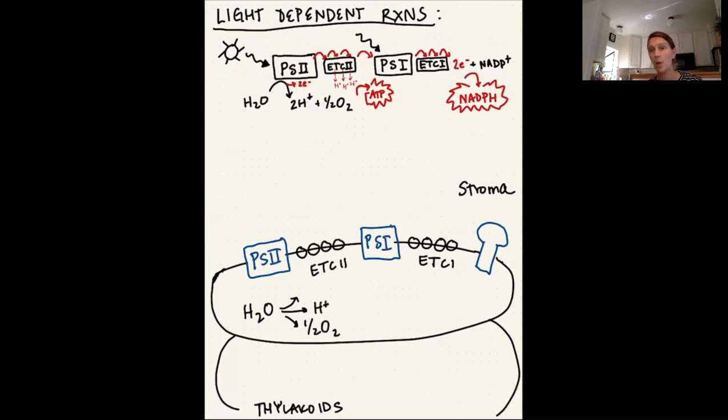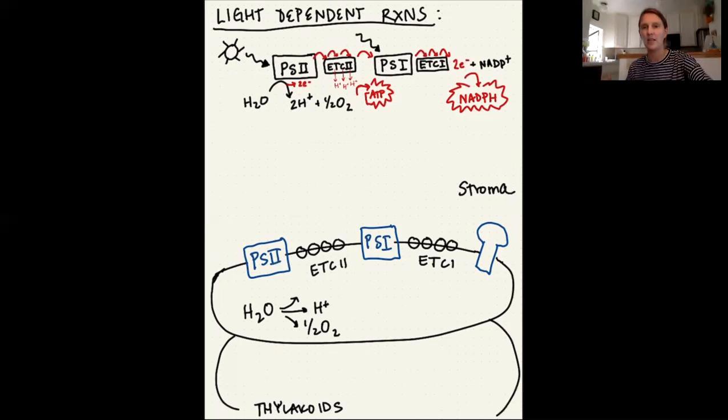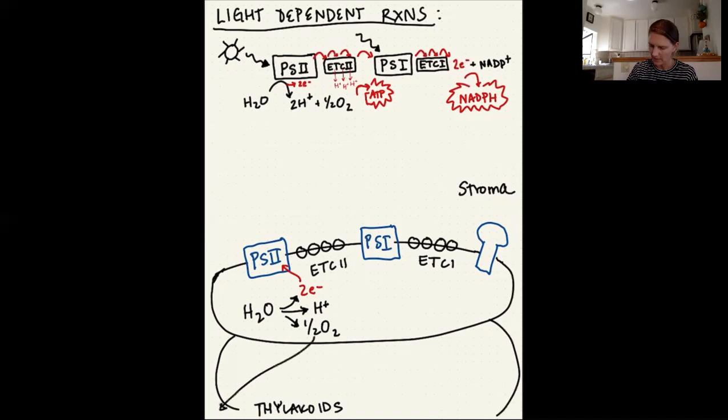Notice that the protons are already starting to build up in the thylakoid space, the space inside the thylakoid membrane. And then I'm going to draw the electrons in red here, 2 electrons, right? Those 2 electrons are going to go into PS2. The oxygen is going to leave as waste. It's going to go out the stomata.